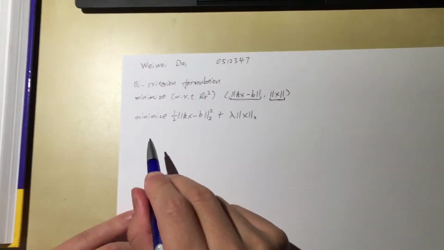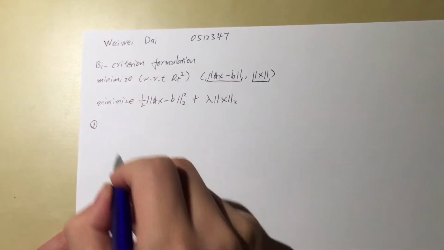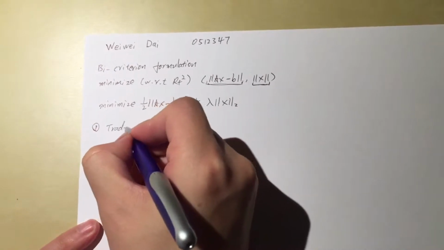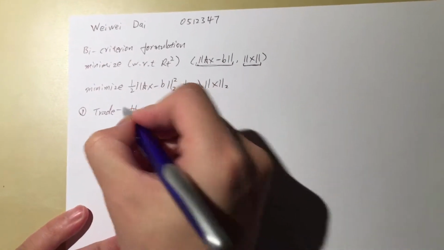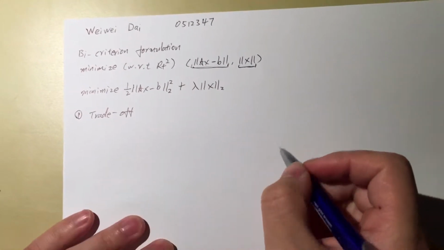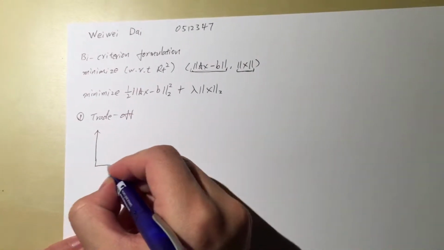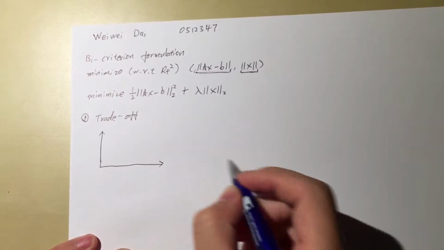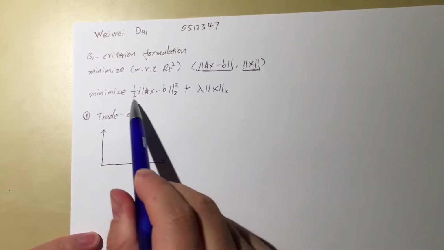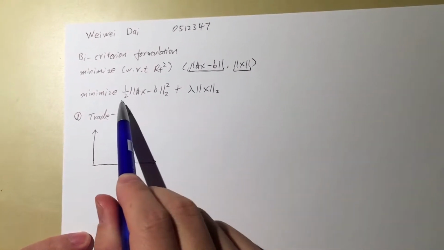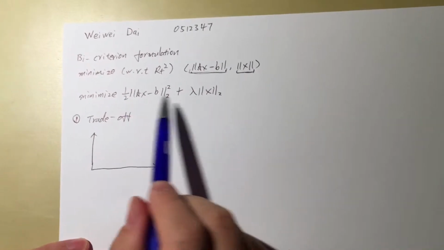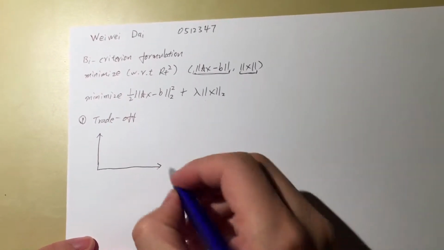The first thing I want to mention is that there is a trade-off between the bi-criteria. Here we want to minimize this term with respect to two issues.